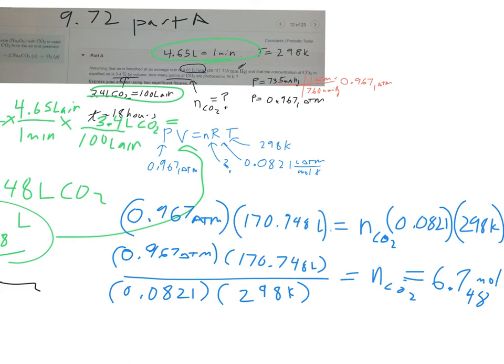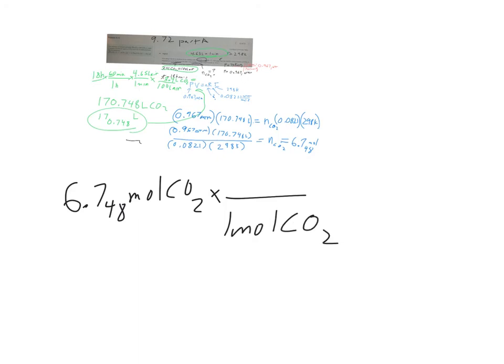So now it's just a cutesy finishing step involving my periodic chart. I've got 6.748 moles of carbon dioxide. I'm going to my periodic table and I'm calculating the molar mass of carbon dioxide.